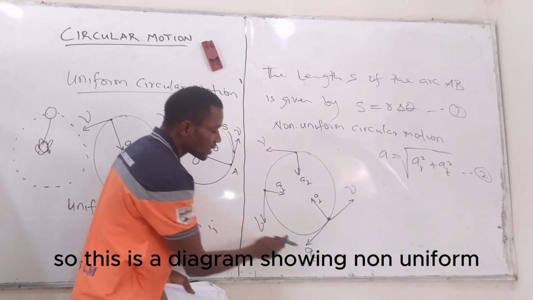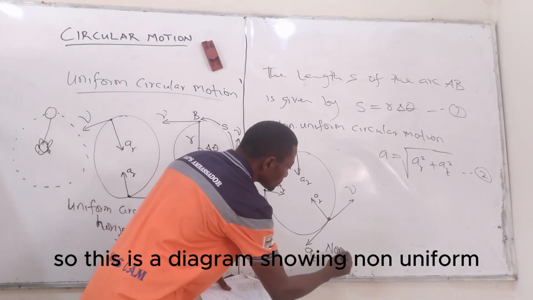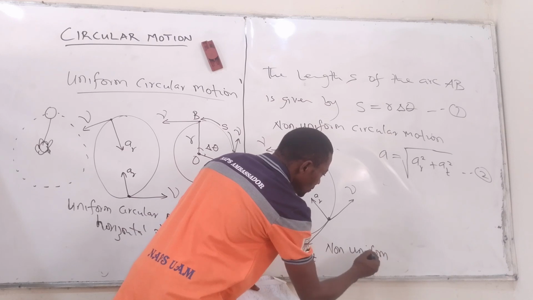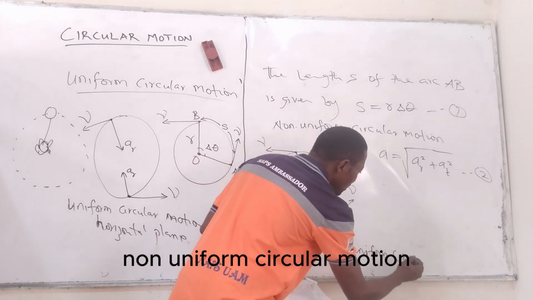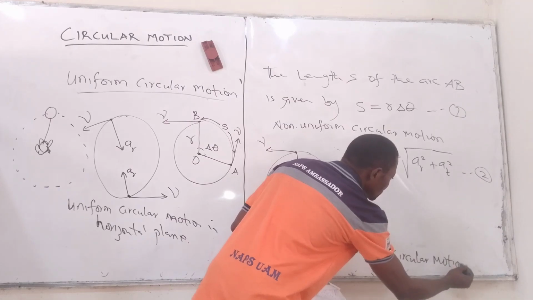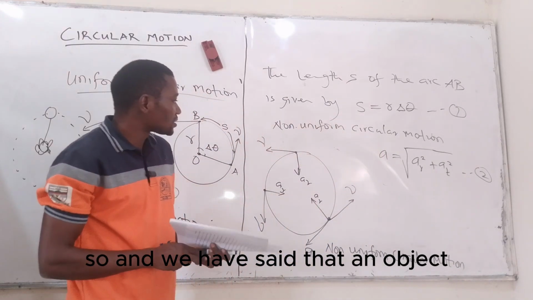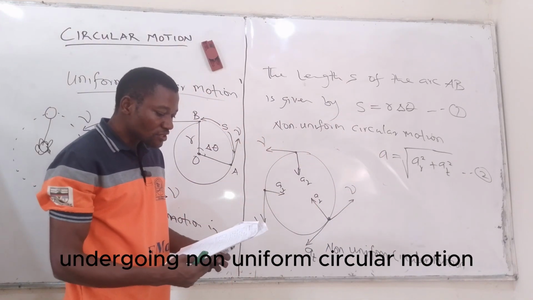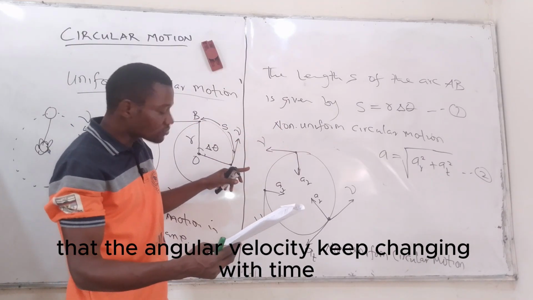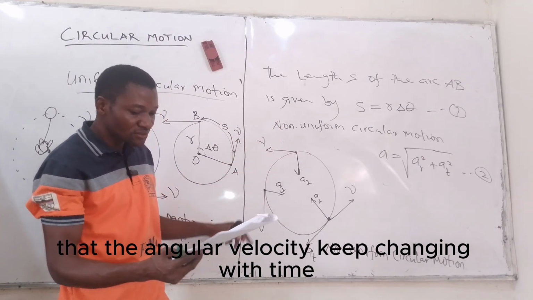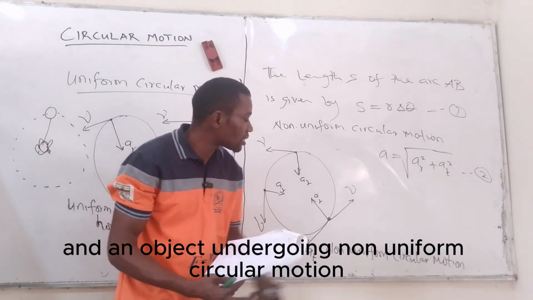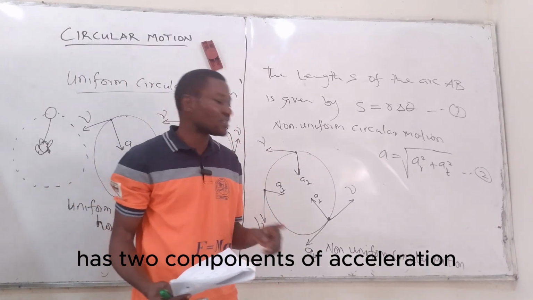So this is a diagram showing non-uniform circular motion. We have said that for an object undergoing non-uniform circular motion, the angular velocity keeps changing with time. So an object undergoing non-uniform circular motion has two components of acceleration.